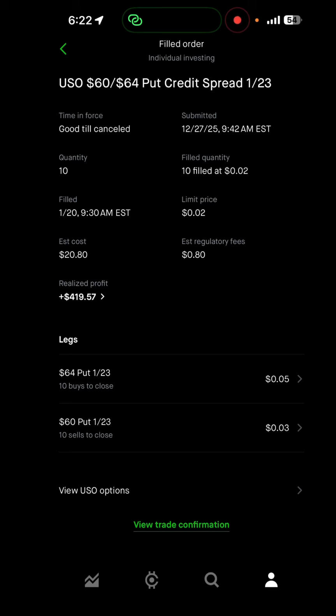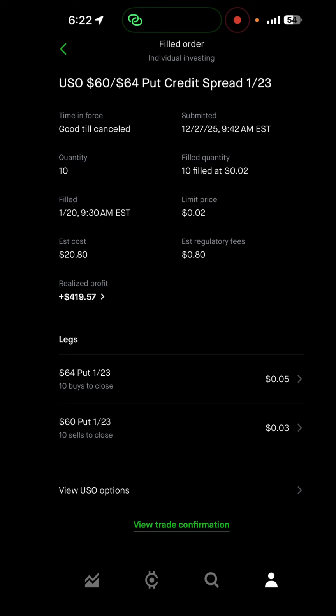But basically, you can see the legs of the trade that executed at the open after the Martin Luther King holiday. So this executed on Tuesday. You can see it was filled there on 1/20, which was actually 4 days before the expiration Friday on 1/23.